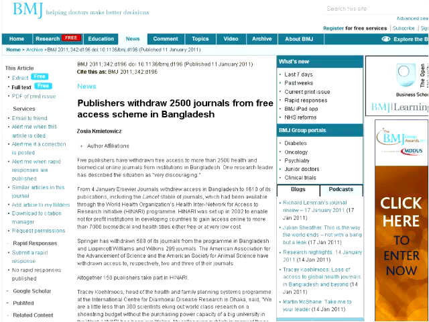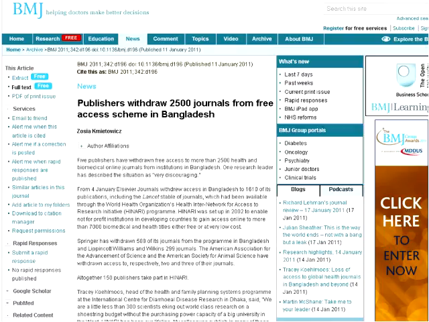So here's an example of where that happened. This was back in 2011 in a scheme called Hinari, which is organized by the World Health Organization to distribute medical and scientific journals to countries which aren't able to afford subscriptions. In 2011, a number of the publishers who had participated and allowed distribution of their articles to Bangladesh through Hinari thought that Bangladesh had suddenly got a little bit richer and was now able to afford the subscriptions, and pulled out their articles.